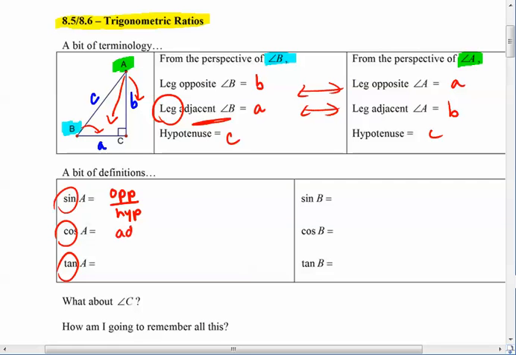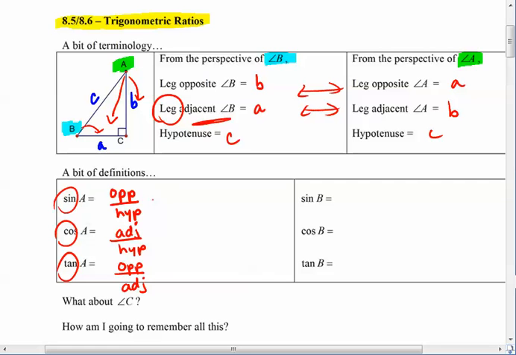The cosine is the adjacent leg over the hypotenuse. ADJ for adjacent. The tangent is the opposite side over the adjacent side.